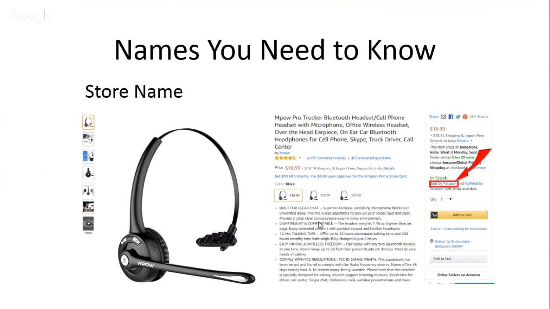One is called the store name. You must have seen when you search on Amazon, a product page something like this. If you look carefully, you see 'sold by' and there is a name here. That name is nothing but the store name.